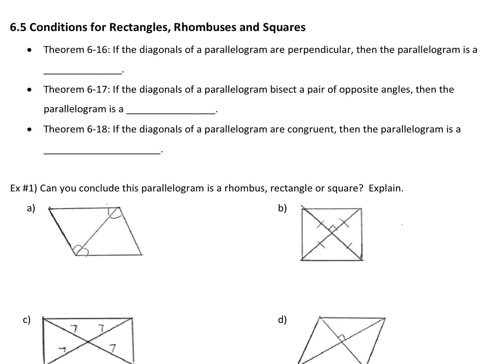It says if the diagonals of a parallelogram are perpendicular, meaning, remember, perpendicular is a right angle, then what kind of parallelogram do you suppose it is?